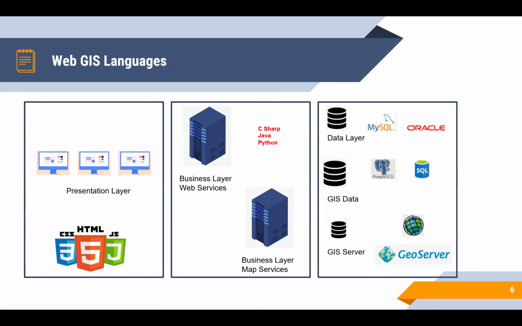Apart from that, we will learn one more very important JavaScript library, the map or GIS JavaScript library. So along with HTML, JavaScript, and CSS, we are going to learn Leaflet as a GIS JavaScript library.